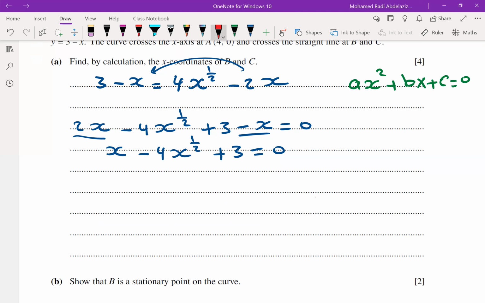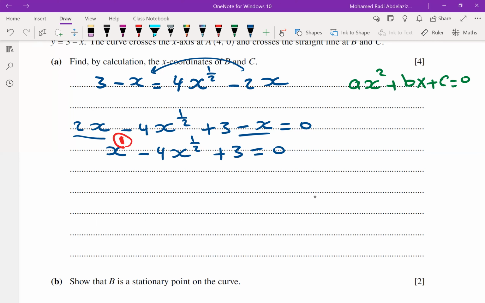How do you know the equation is written as a quadratic? The highest power here is 1 and the other is half. If the power of the first is double the second, or the second is half of the first, we can solve it by the same method as a quadratic equation.